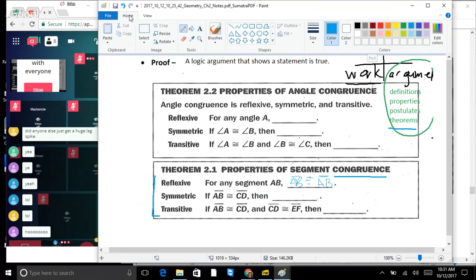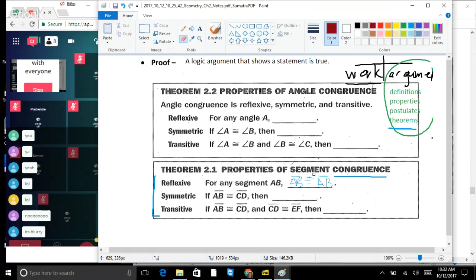So you might be saying, didn't we just do this? Feels like what we just talked about, right? But the difference from the equality properties is we're talking about congruence now of our segments. One sheet back, we said for any line segment AB, AB equals AB.